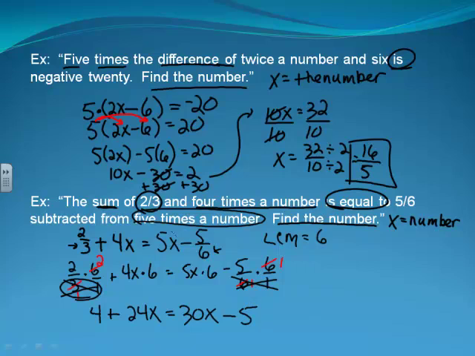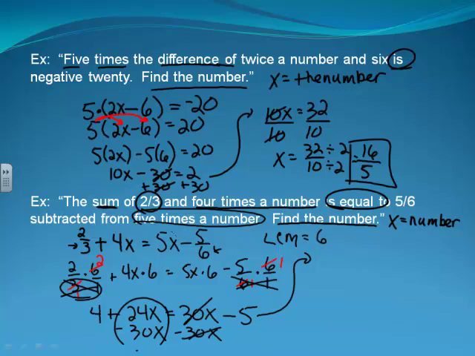All right, so now we want x's on one side and our constants on the other. So I'm going to choose to subtract 30x from both sides. Get all our x's to the left-hand side. That will allow me to combine like terms on the left-hand side here.